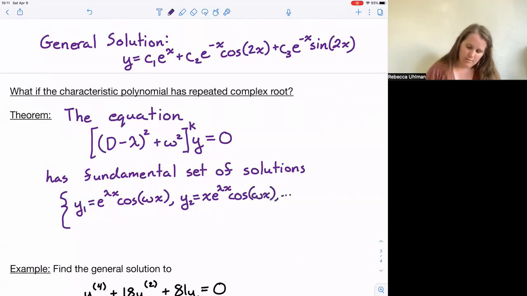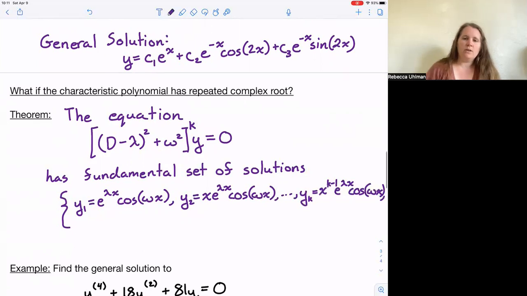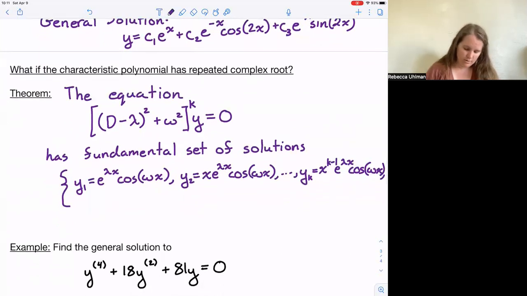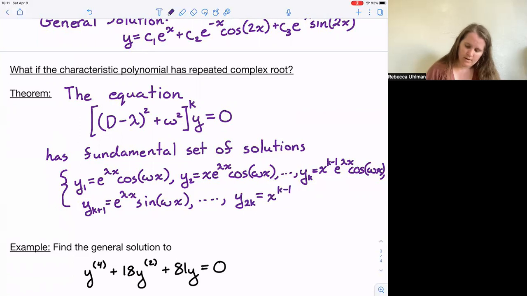And we will go all the way up through yk is x to the k minus 1 e to the lambda x cosine of omega x. In addition, we will have the same thing for sine. So we will have y k plus 1 is e to the lambda x sine of omega x. And then we will go up through y sub 2k, which will be x to the k minus 1 e to the lambda x sine of omega x.